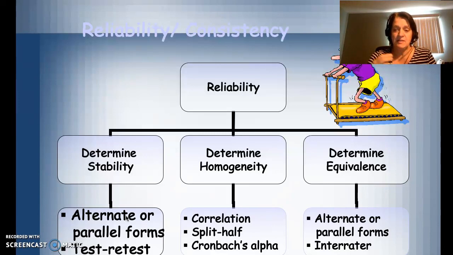Comparing a sphygmomanometer blood pressure with a Dynamap blood pressure. Test-retest reliability is if you imagine someone getting on a scale 3 times, a stable scale, a reliable scale, the weight should be the exact same if you get on 3 times in a row. It shouldn't vary by a pound or 2 every time you step on it.